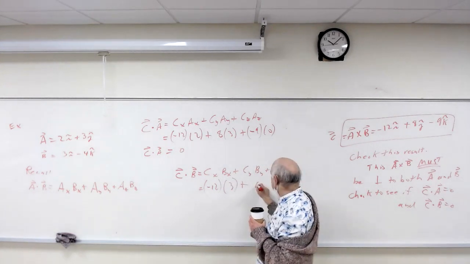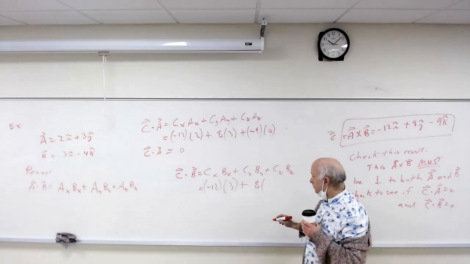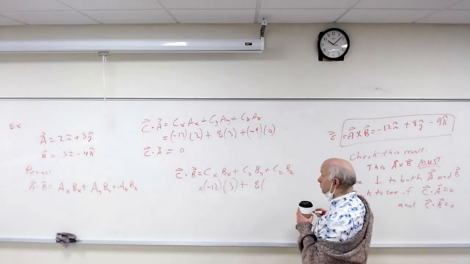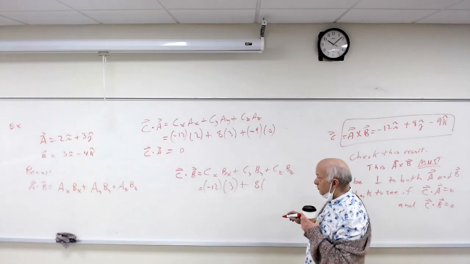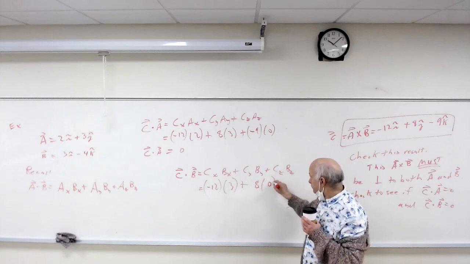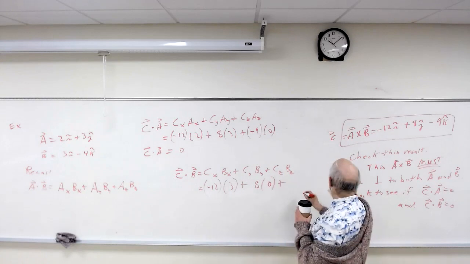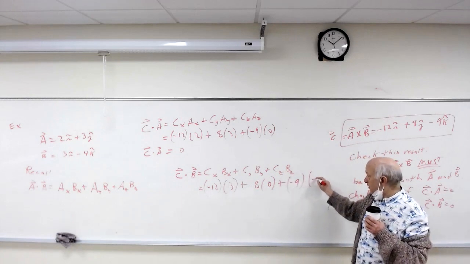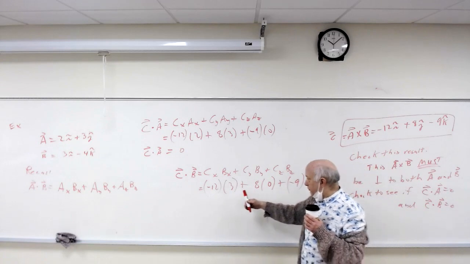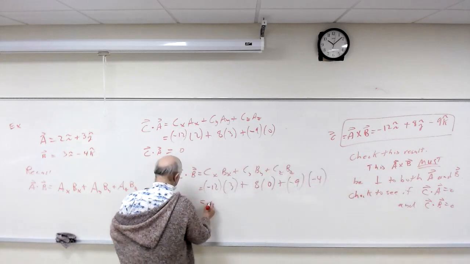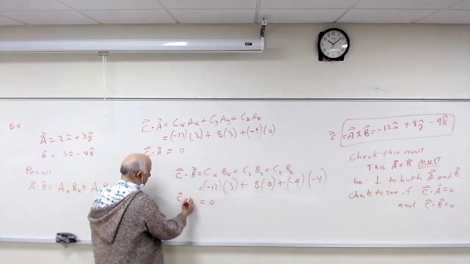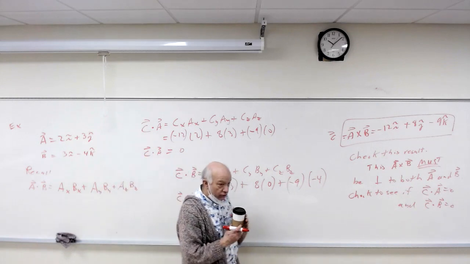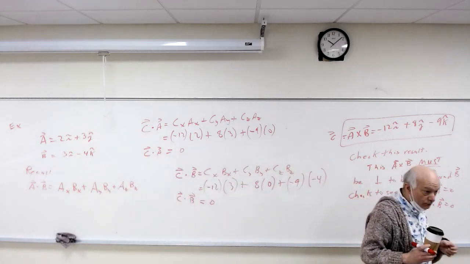CY is our friend 8, BY is 0. Plus CZ is minus 9, BZ is minus 4. 36 minus 36, Shazam, 0. So the C we constructed is perpendicular to both A and B, which it must be.